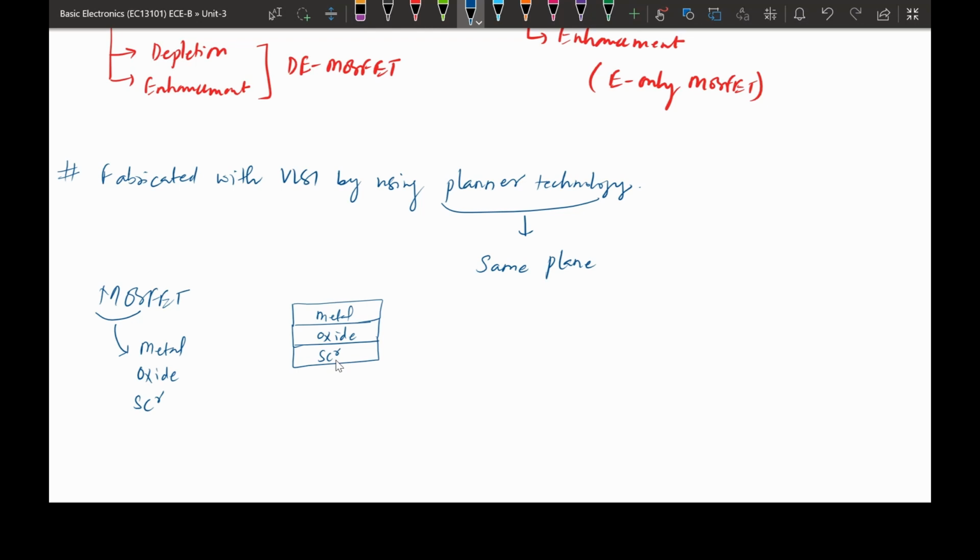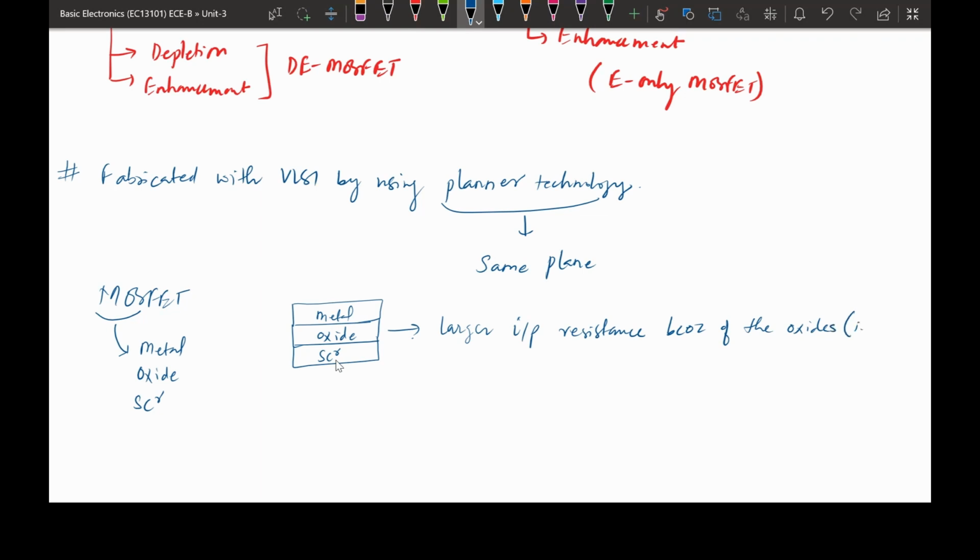Because of this oxide, the oxide thickness, or different oxides, can be used. Different oxide properties provide larger input resistance to this MOSFET. So MOSFETs have larger input resistance because of the oxides we have used.